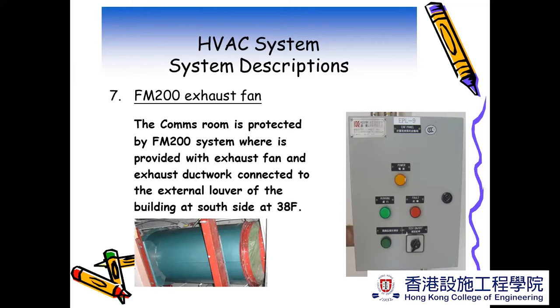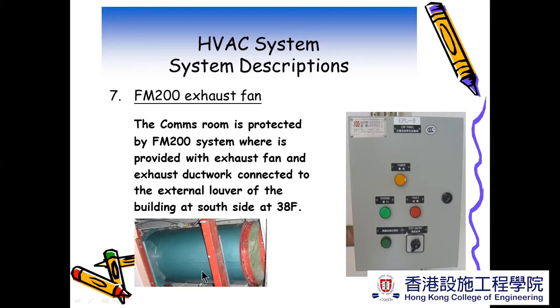That's why we need to have an exhaust fan once it's discharged, and it should be able to be manual or automatic. So the comms room, the server room, is protected by the FM200 system, where it's provided with an exhaust fan and exhaust ductwork connected to the outside.